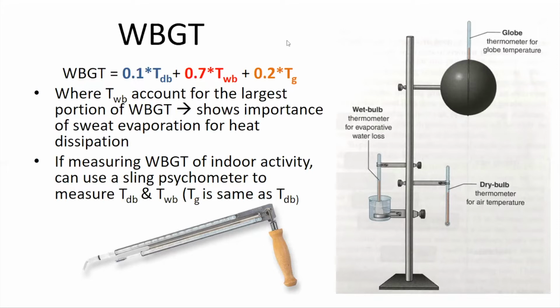So according to this equation, the wet bulb temperature, or the temperature that reflects our evaporative cooling capacity, is the most heavily weighted. And then the next heavily weighted factor is the globe temperature, meaning radiation from the sun is going to highly impact our body heat gain and our ability to dissipate heat.